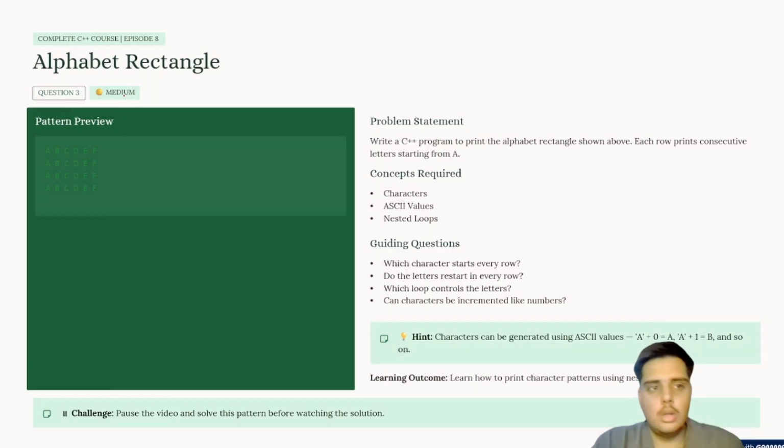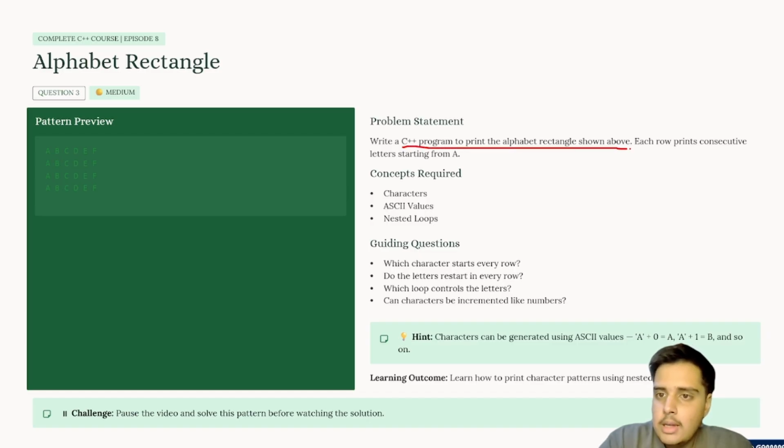So the next question, question number 3, is alphabet rectangle, in which A B C D E F, the rectangle goes on A B C D E F, A B C D E F, and so on. So the question is, write a C++ program to print the alphabet rectangle shown above. Each row prints consecutive letters starting from A. Concepts required are characters, ASCII values, nested loops.